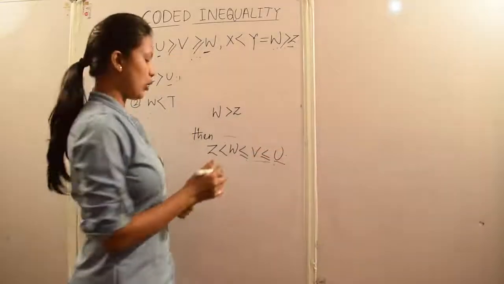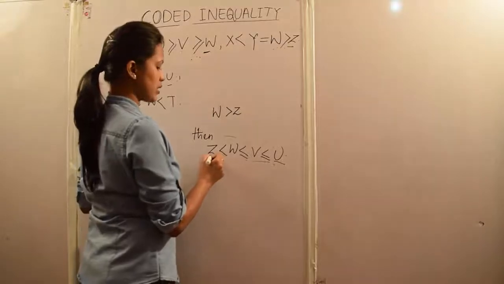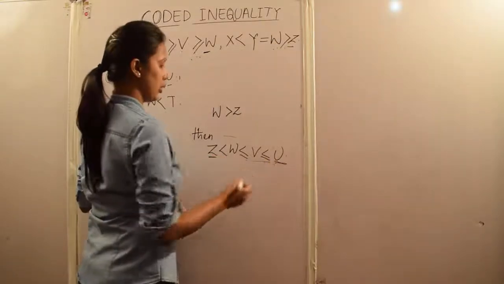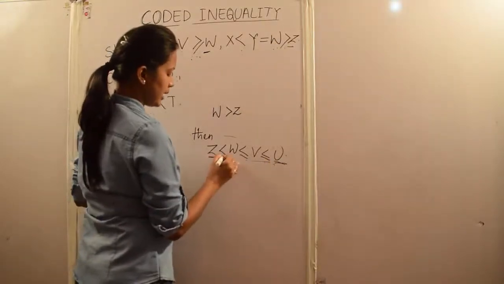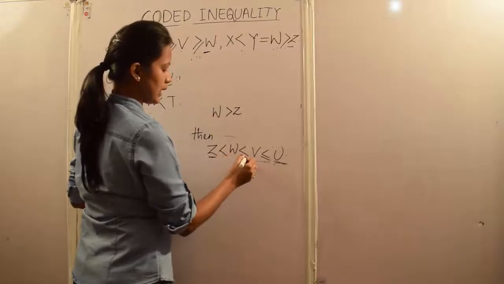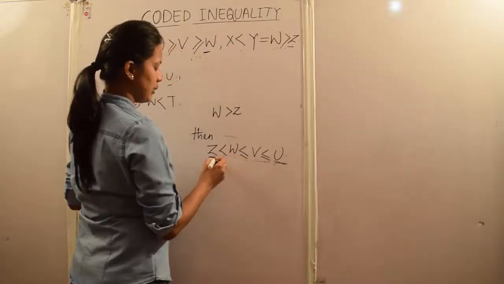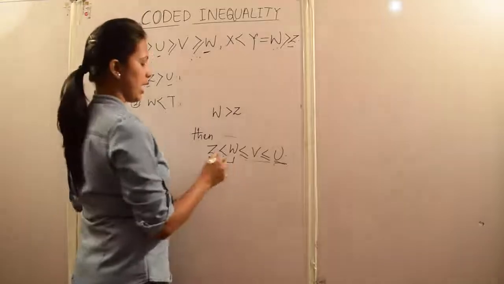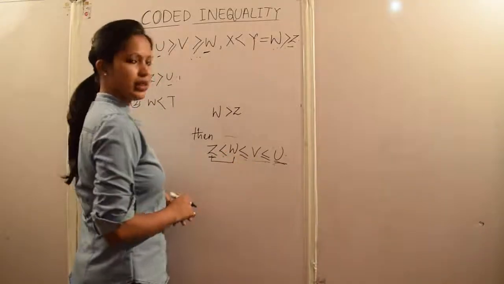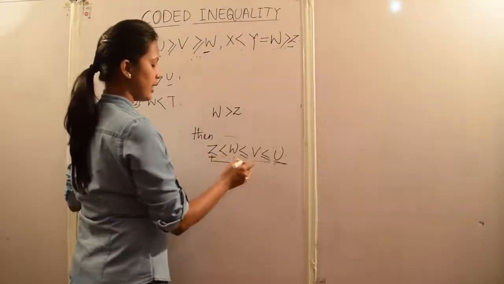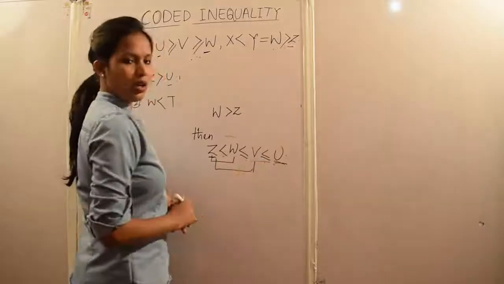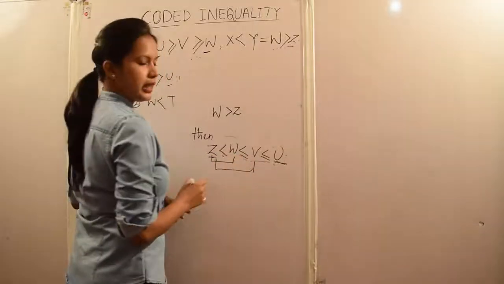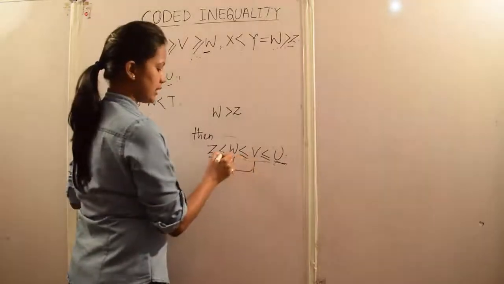So let us see how the relationship can be established between Z and U. So here Z is less than W and less than or equal to V. That means the relationship between Z and W is directly known to us, and we will take the relationship between Z and V, which is common between the two inequalities, that is less than.